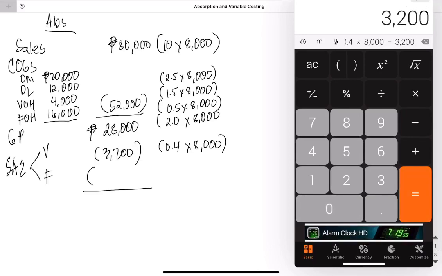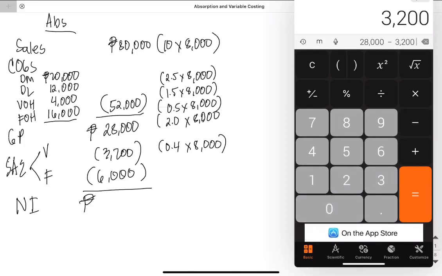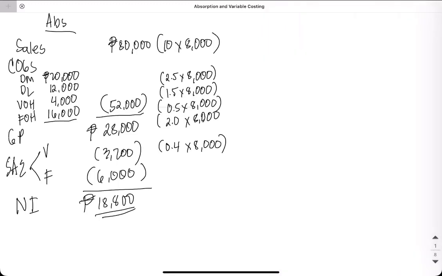Then for fixed, we have a total of 6,000, which was given. Of course, we're going to have the same net income. The net income is 28,000 less 3,200 less 6,000, so we have 18,800.